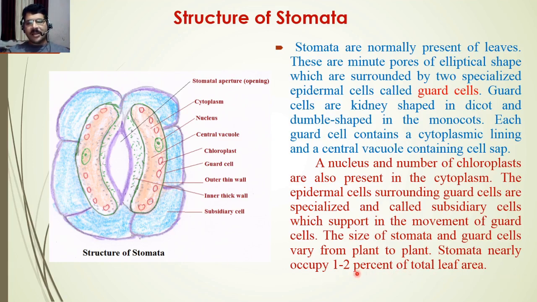Stomata occupy about 1 to 2% of the total leaf area, and they are distributed throughout the leaf, upper as well as lower part. So this is the typical structure of the stomata.